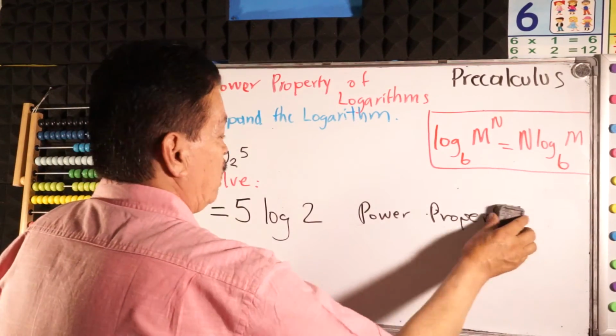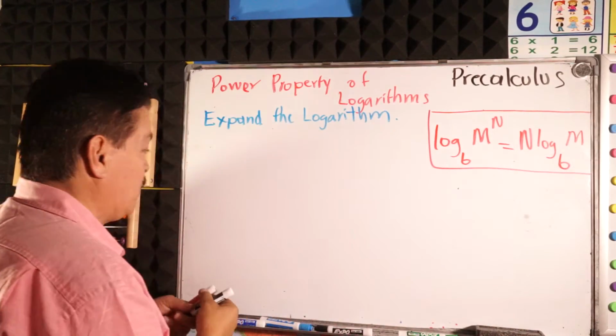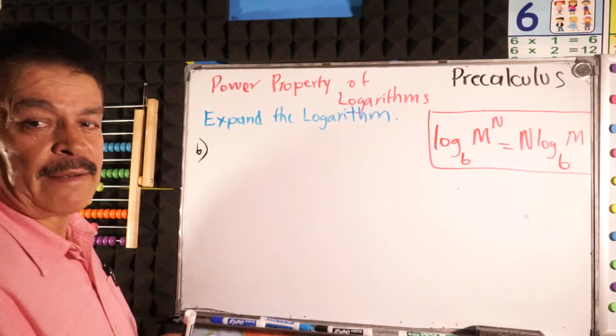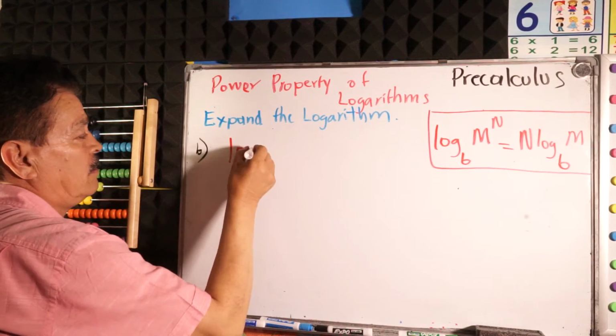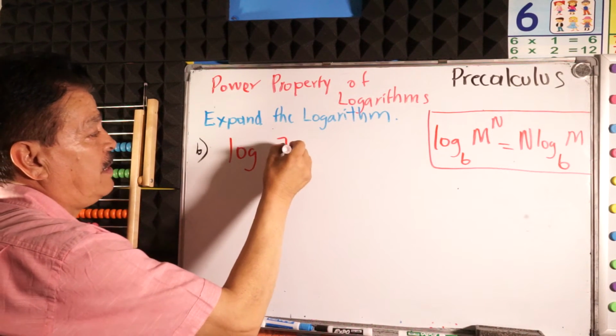Let me show you another problem. Today is not just very simple. Let's do another problem. Let's write: expand the logarithm of log 7 with the base 2.